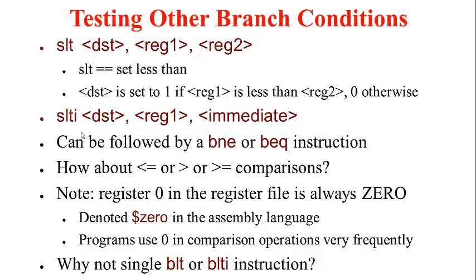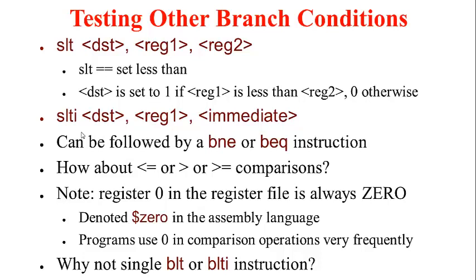So there is this set less than or SLT instruction, which sets the destination register to 1 if the first operand value is lesser than the second operand value. Otherwise, it sets the destination register to 0. There is also SLTI, which uses an immediate operand as opposed to a second register operand.